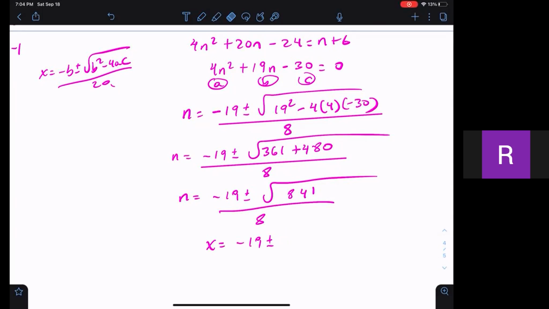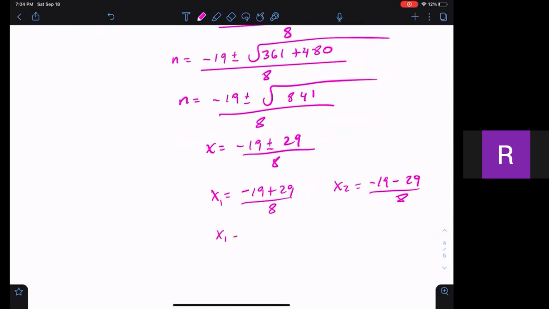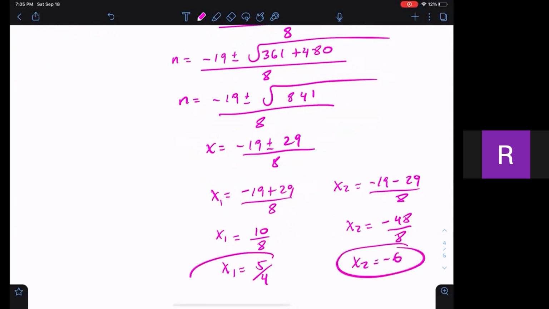Yeah, 29. So 29 over 8. n1 equals negative 19 plus 29 over 8. n2 equals negative 19 minus 29 over 8. Solve for that. So that's going to be 10 over 8, so that's going to be 5 over 4. And then the other one is going to be, what is it, negative 48 over 8, that's going to be negative 6. So these are the answers for that problem.